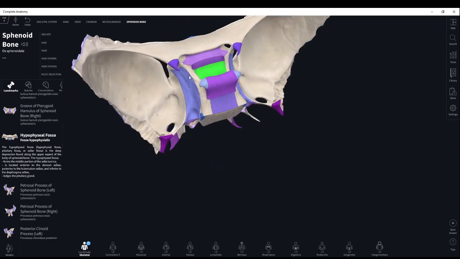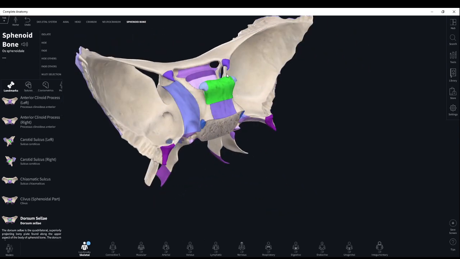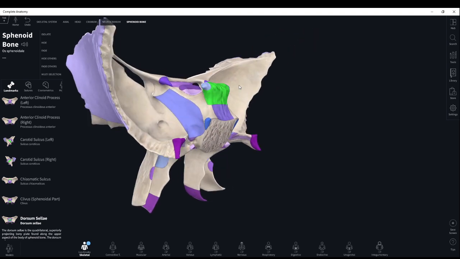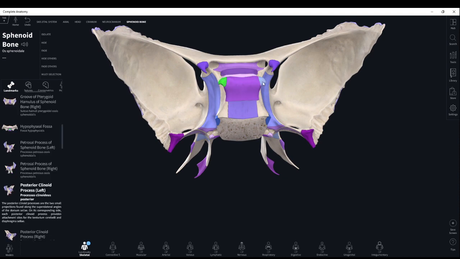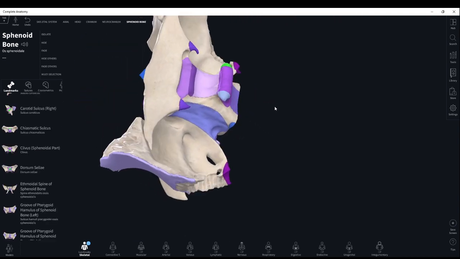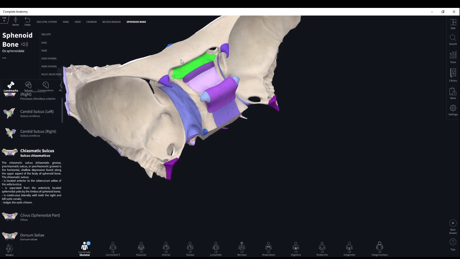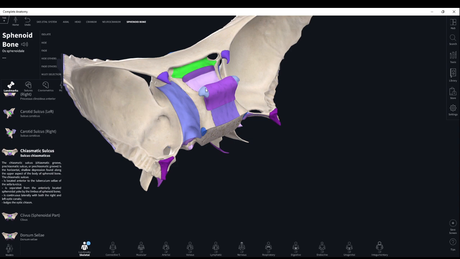Behind the hypophyseal fossa, you can see the prominent part, which is called dorsum sellae, a quadrilateral superiorly projected bony plane. By the sides of it, you can see the clinoid process. This is the posterior clinoid. In front of the sella turcica, you can see the groove for the chiasma, chiasmatic sulcus.